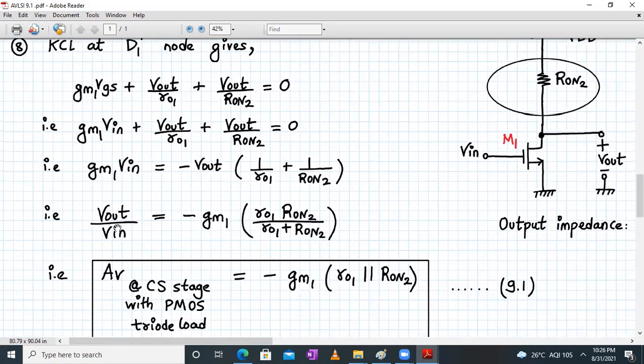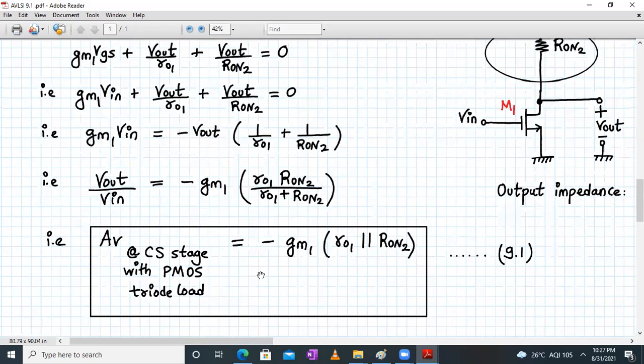And after algebraically solving, we get Vout upon Vin is equal to minus gm1 into ro1 into Ron2 divided by ro1 plus Ron2, which is nothing but your small signal voltage gain Av. The gain of a common source amplifier with a PMOS triode load is given by minus gm1 into ro1 parallel to Ron2. So this is the expression for the common source amplifier with PMOS triode load.